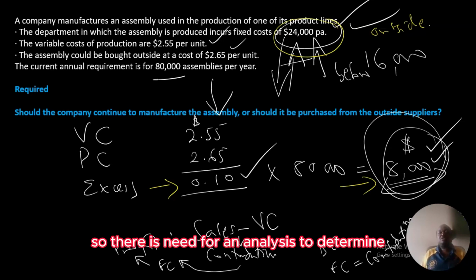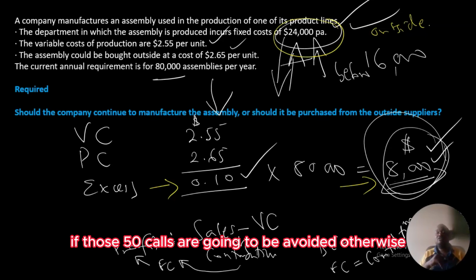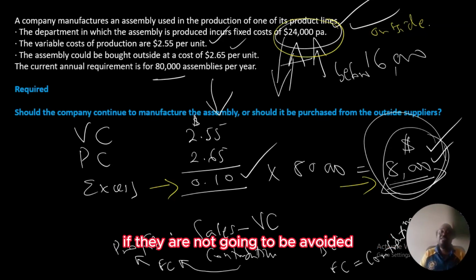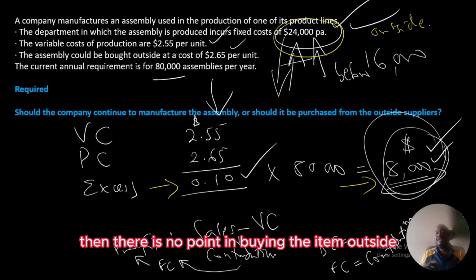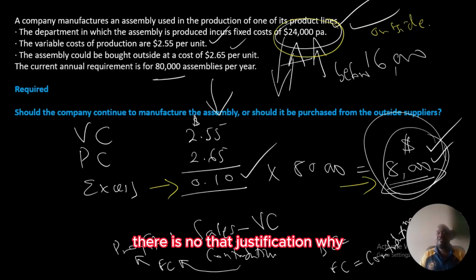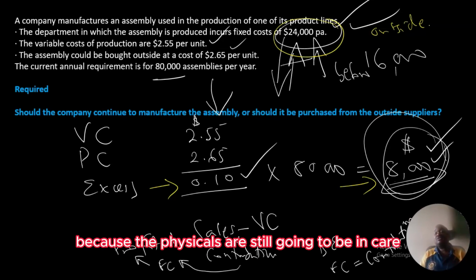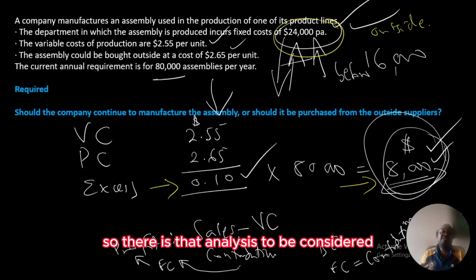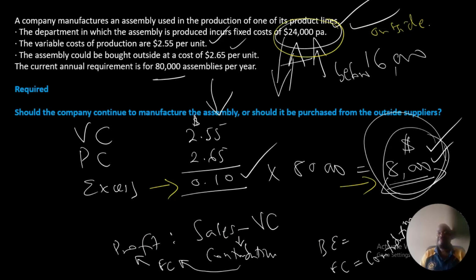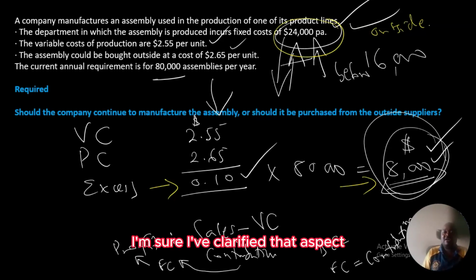So there is need for an analysis to determine if those fixed costs are going to be avoided. Otherwise, if they are not going to be avoided, then there is no point in buying the item outside. There is no justification. Why? Because the fixed costs are still going to be incurred. So there is that analysis to be considered. I'm sure I've clarified that aspect.